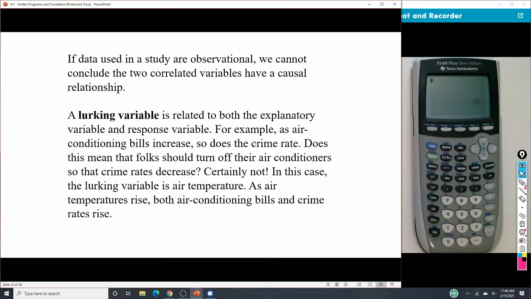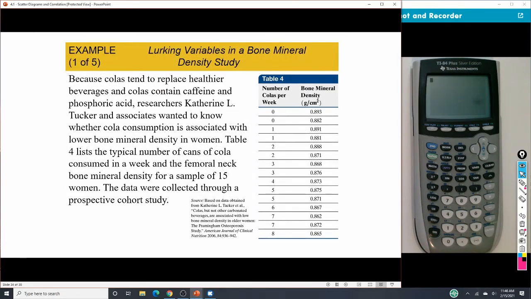So does that mean that folks should turn off their ACs to reduce crime? No. It just means that when it's warmer outside, people are more likely to commit crimes. Compared to when it's cold, people don't want to get out and commit the crime in the first place. It's just kind of the way it is. It happens to be there, all right?